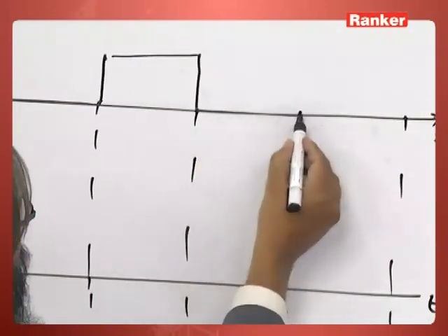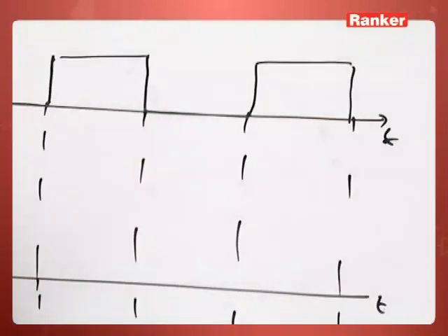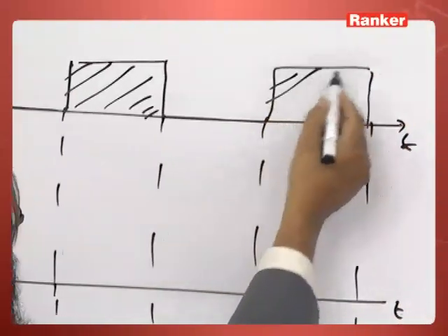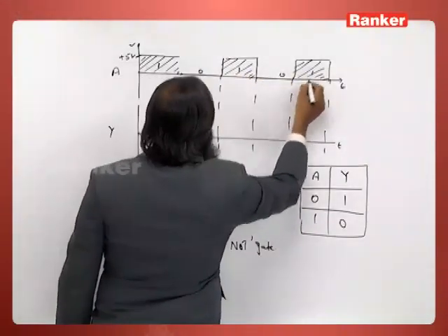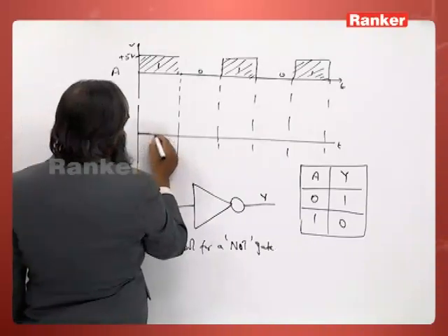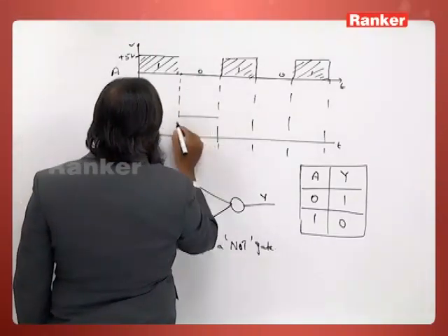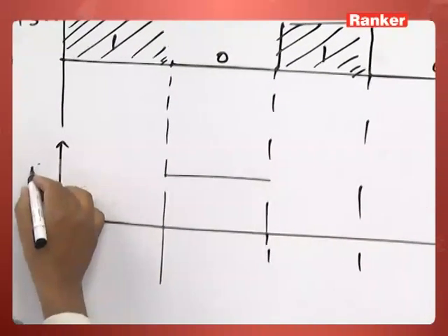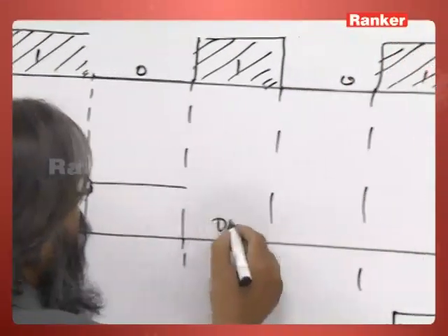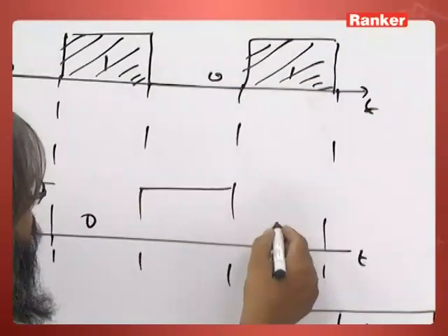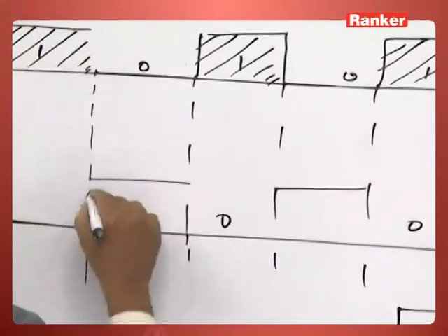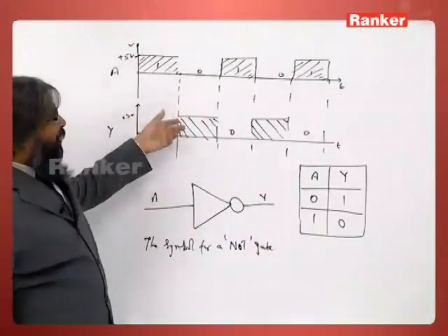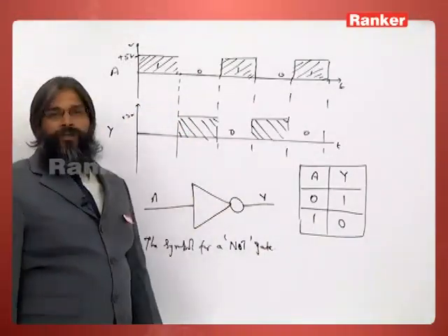Suppose this is the input A given, this is the digital signal. So this is 1 0 1 0 1. In the output we will get 0 inverted to 1, this is plus 5 volts, this is 1, then 1 will become 0. So we will get the output like this. You see 0 is inverted to 1 and 1 is inverted to 0. This is the waveform analysis of this NOT gate.